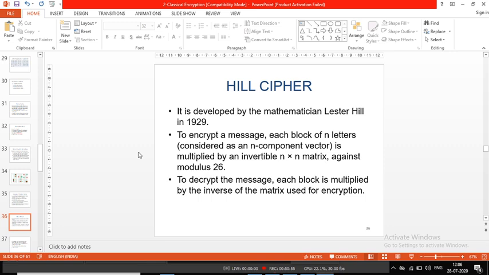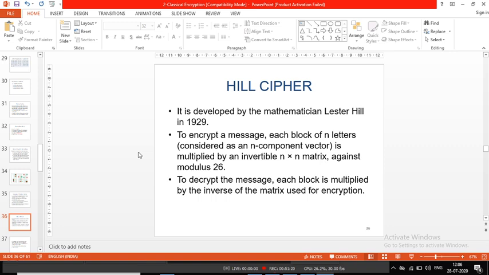So next one is Hill cipher. Hill cipher will be asked in the 16 mark question. It's not so tough, but it's somewhat tricky. In Hill cipher, you are going to encrypt your plain text by using the key.